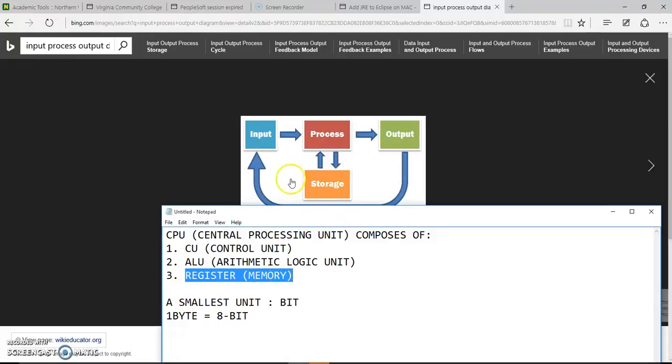This register is not storage, it's inside the CPU. We're not talking about storage like RAM and hard disk yet. So it takes that data, 20, and adds them with the ALU. The ALU adds 20 and 10 and puts 30 inside the registers.